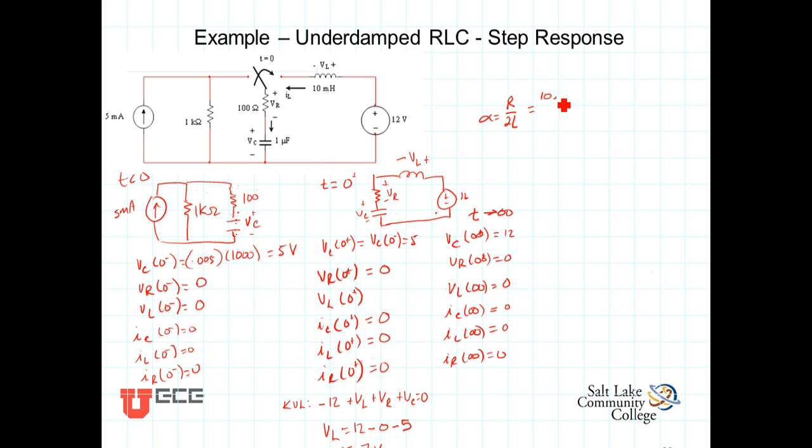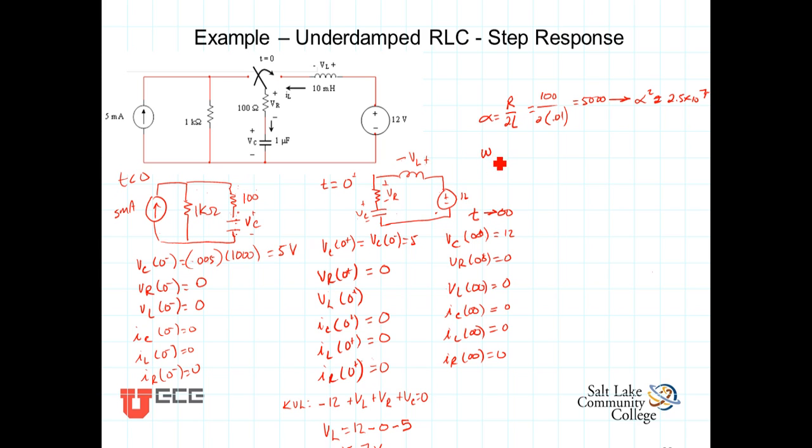So that will be 100 ohms divided by 2 times 0.01. That gives us an alpha of 5,000. And while we're at it, let's go ahead and get alpha squared, which is equal to 2.5 times 10 to the 7th.